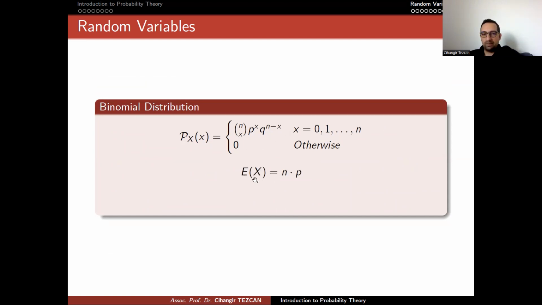Your expected value, it is not that hard to calculate, but I'm not going into details, is just n times p. This means that if your success probability is p, and if you repeat this Bernoulli trial n many times, your expected value is n times p. So this is what we actually expect.